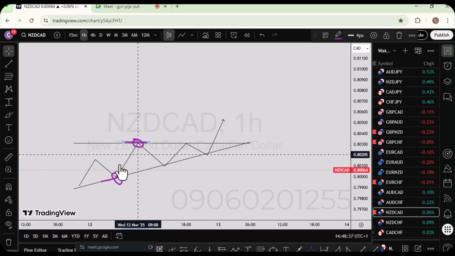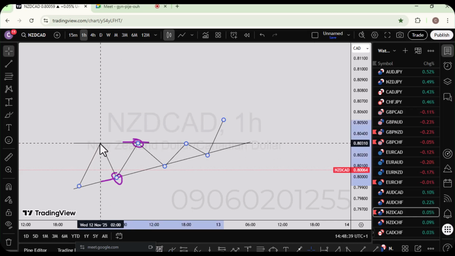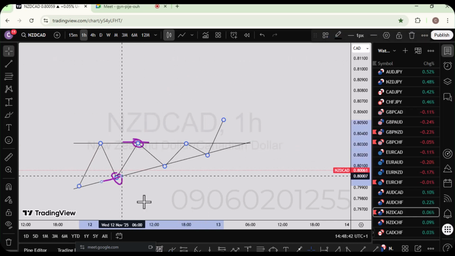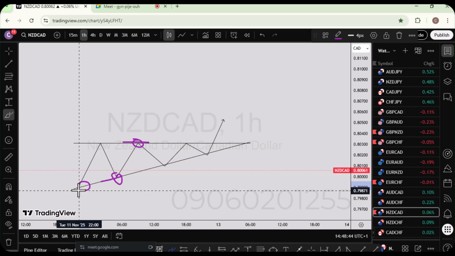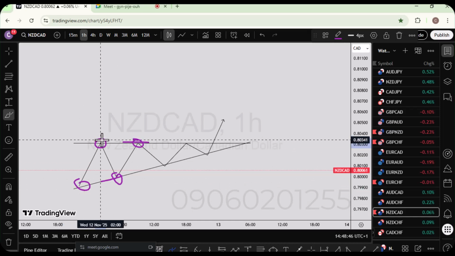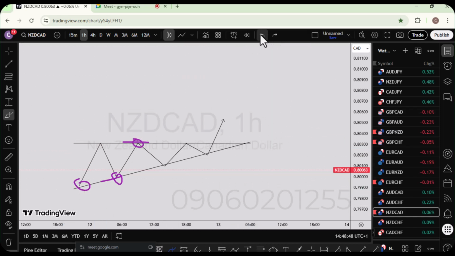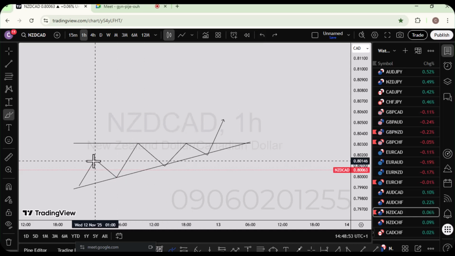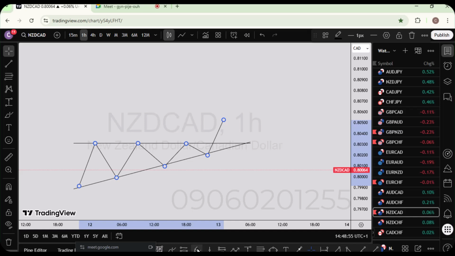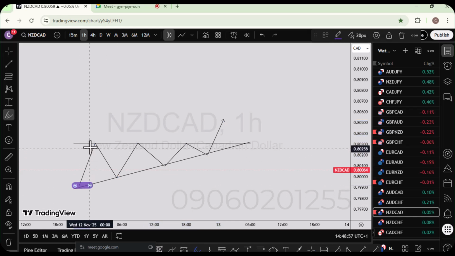So in a situation whereby this level tests this horizontal line, then it means you start your 1 and end your 2 here. Do you understand that? Yes, sir.